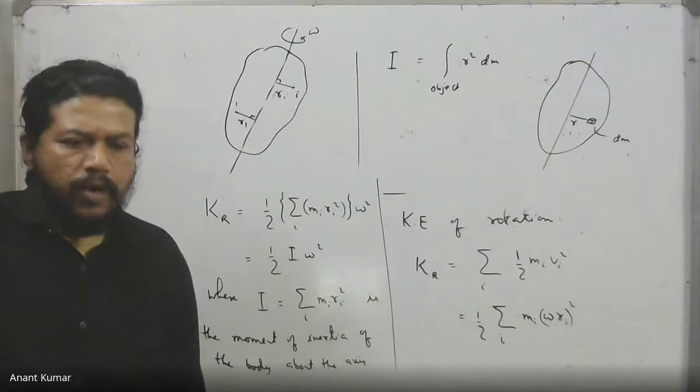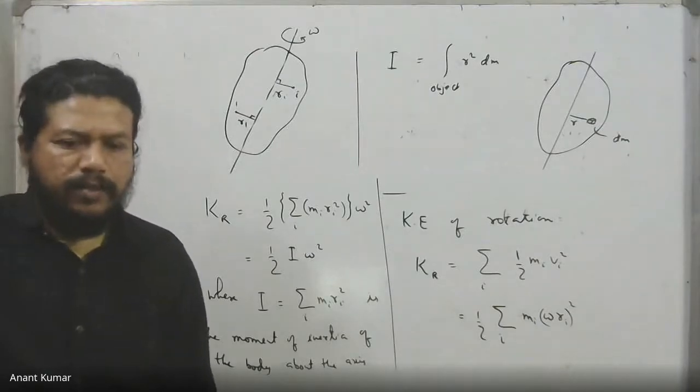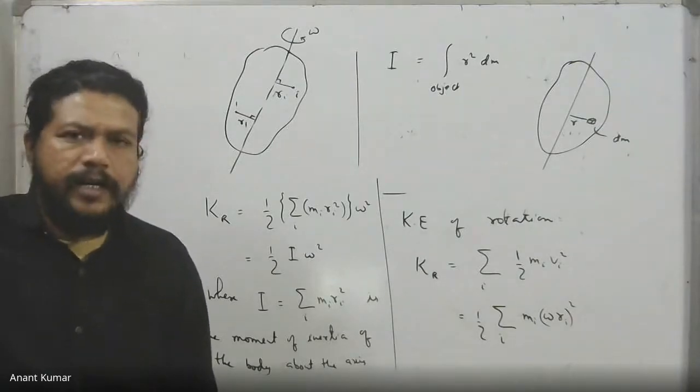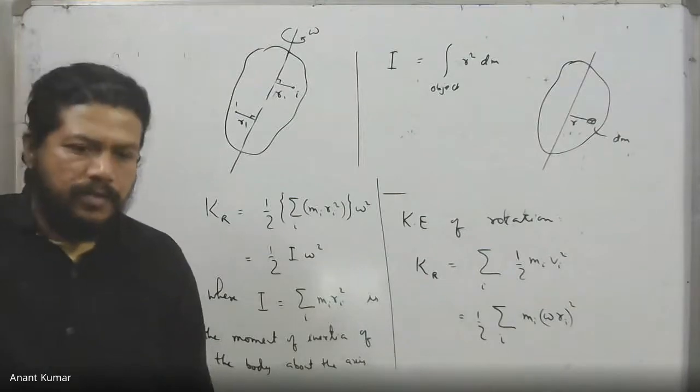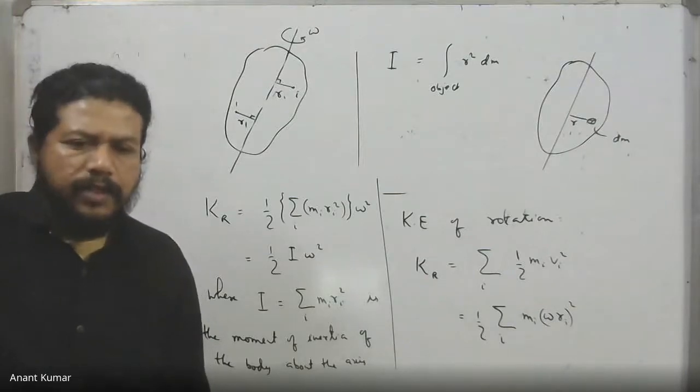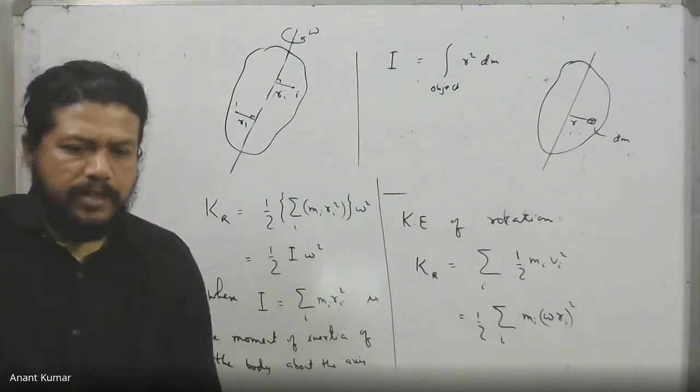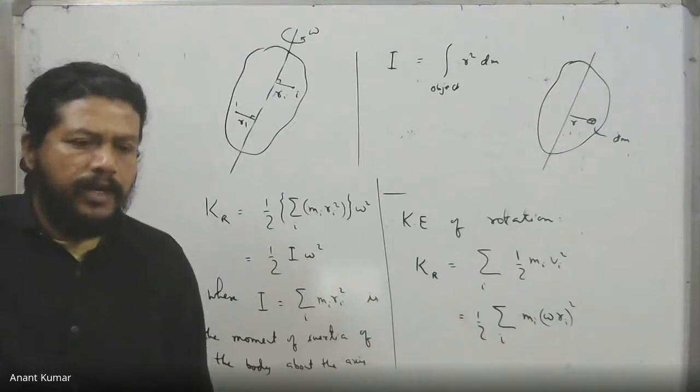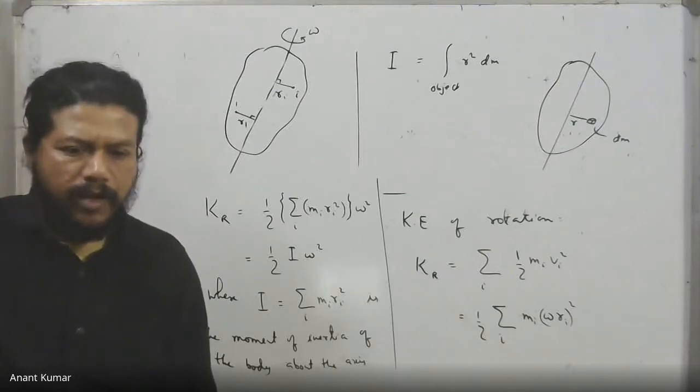Okay. But the important thing that you must keep in mind regarding moment of inertia is that it is additive about the same axis, which implies we can always add the moments of inertia of two objects about the same axis, and we can get a total moment of inertia for the combined body.